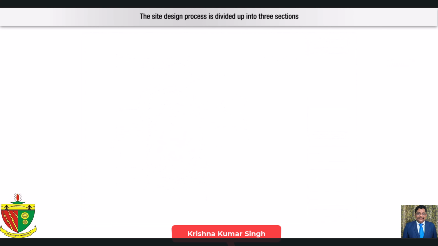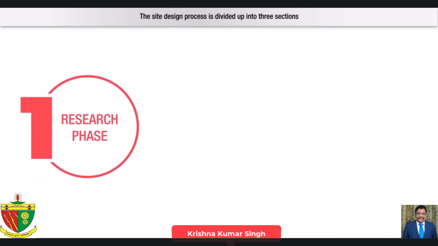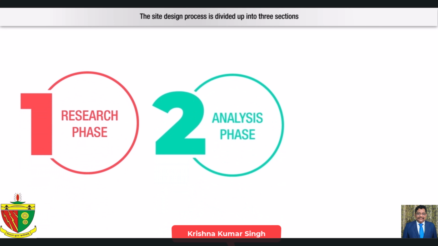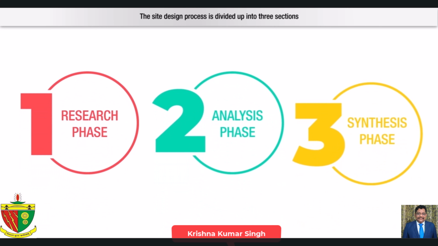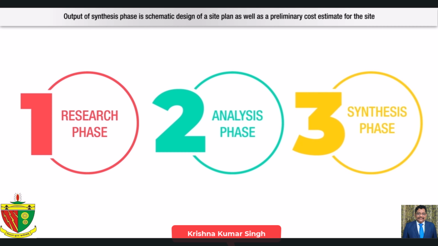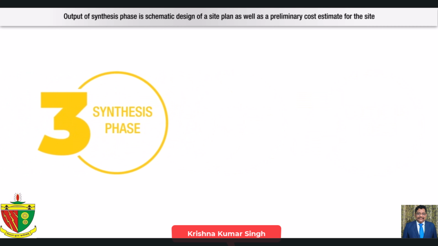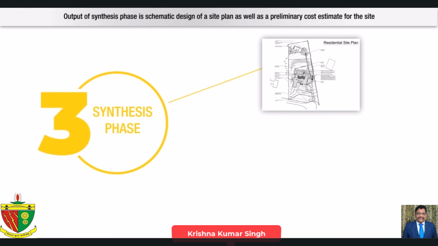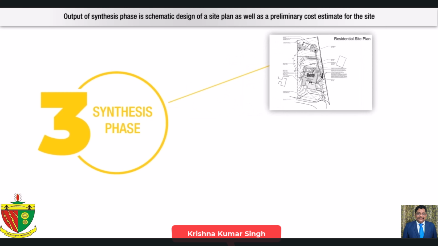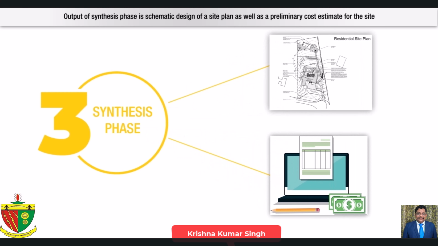The site design process is divided up into 3 sections: research phase, analysis phase, and synthesis phase. Output of a synthesis phase is a schematic design of a site plan as well as preliminary cost estimate for the site.